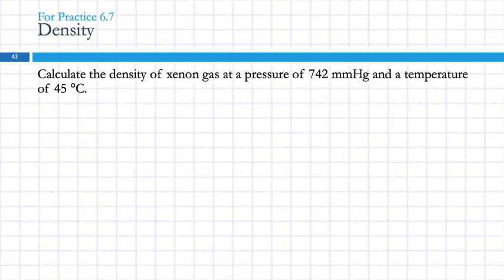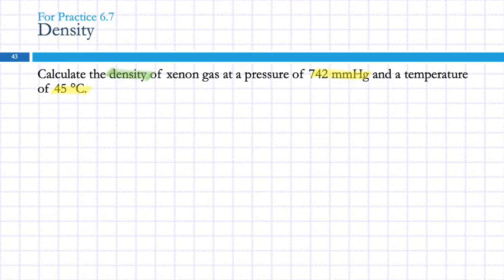Let's do an example. We'll call this the last one. Calculate the density of xenon gas at a pressure of 742 millimeters of mercury and a temperature of 45 degrees Celsius. So we got some numbers, and in the question we're looking for density.